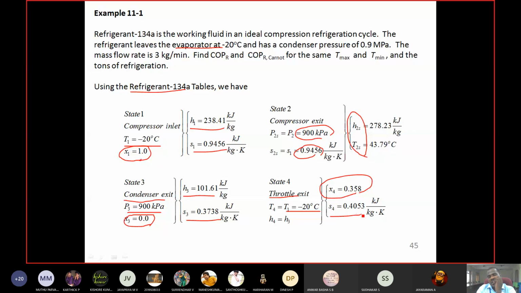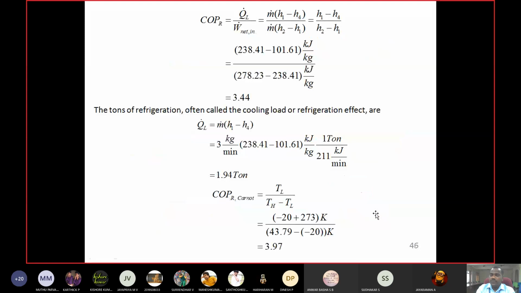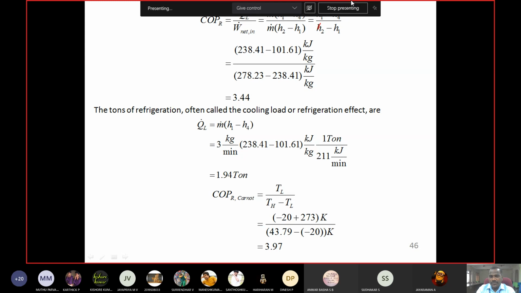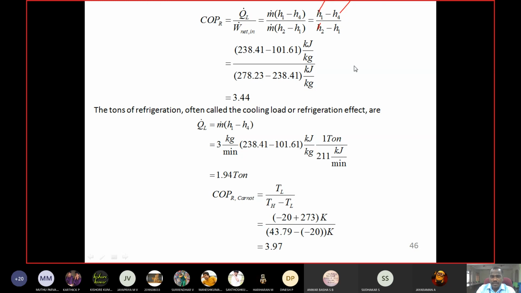With this refrigerant table we can get the other properties also. Then we can use those properties to get the COP of the refrigerator and also the COP of the Carnot cycle. We need the COP of the refrigerator in terms of H. We found H1, H2 and H4, so if you substitute in this equation, we can find the COP value.